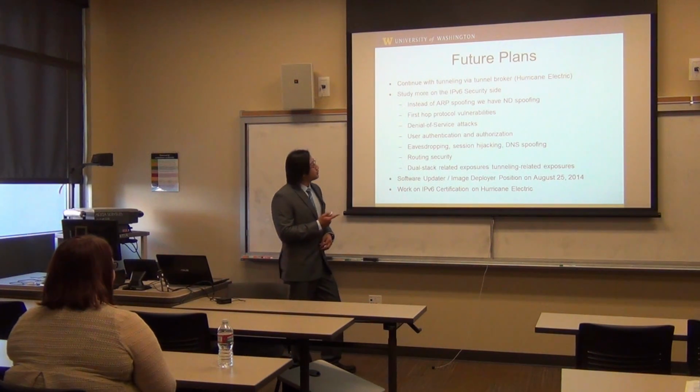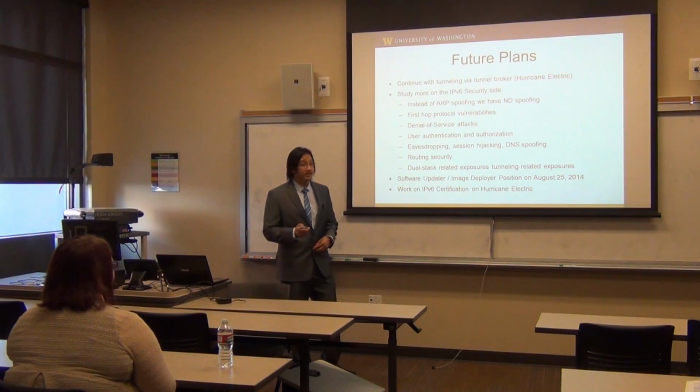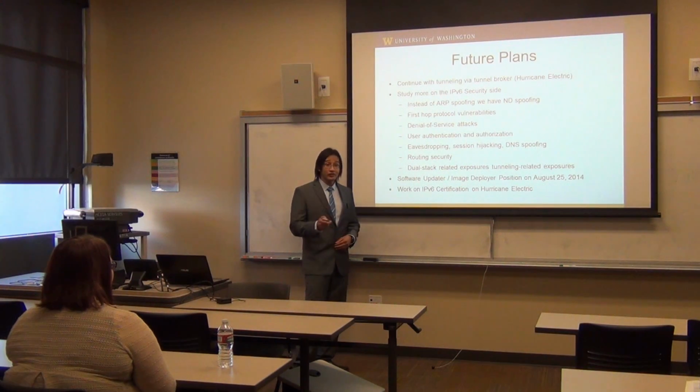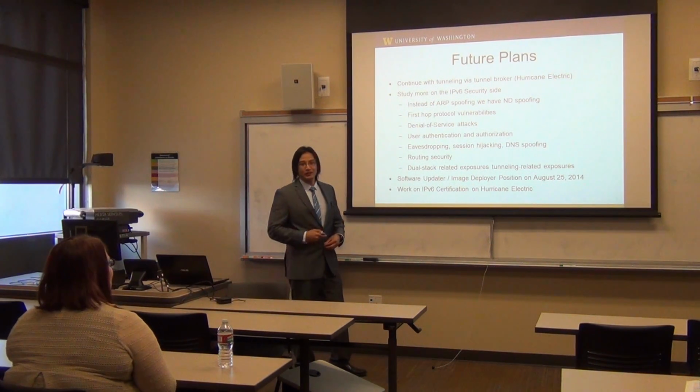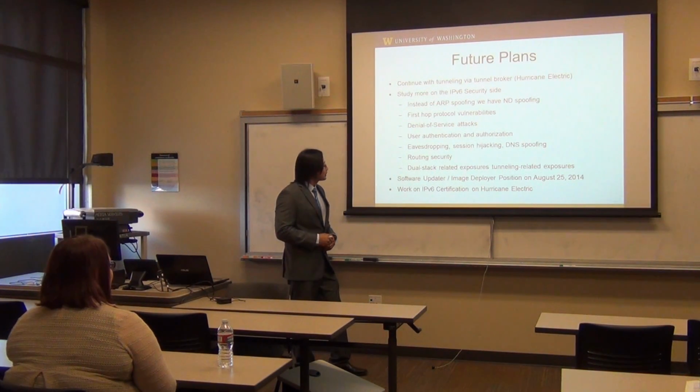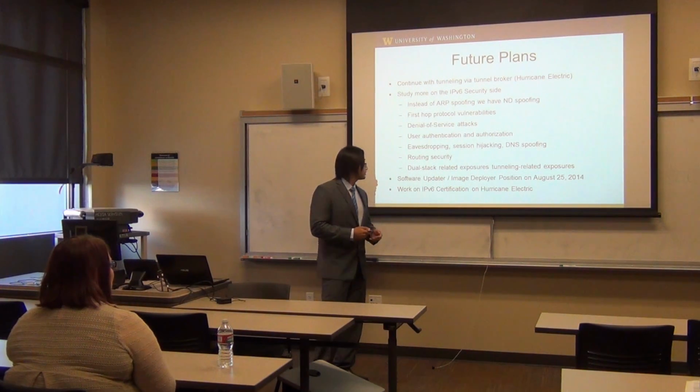Instead of ARP spoofing, we have ND spoofing, which is neighbor discovery spoofing. First hop protocol vulnerabilities, denial of service attacks, user authentication and authorization, eavesdropping, session hijacking, DNS spoofing. This is like information assurance all over again, right? Routing security, dual stack related exposure, tunneling related exposures.